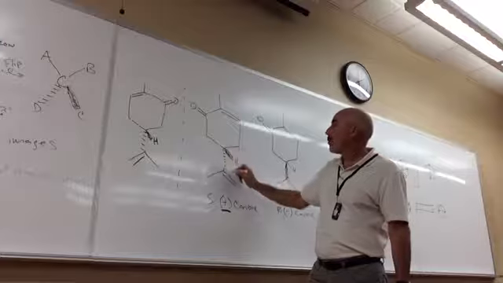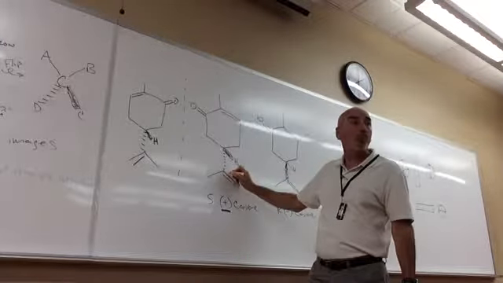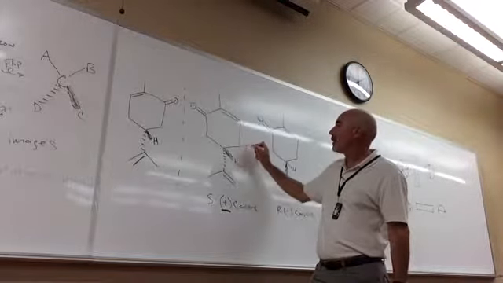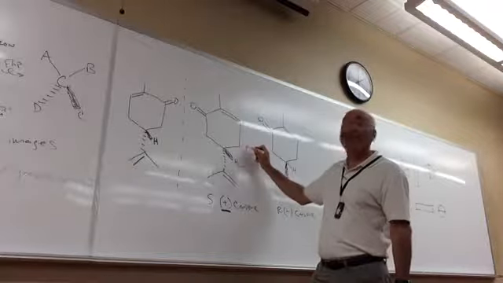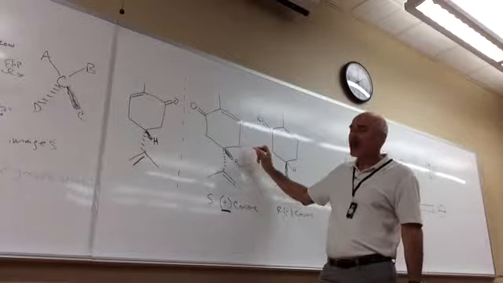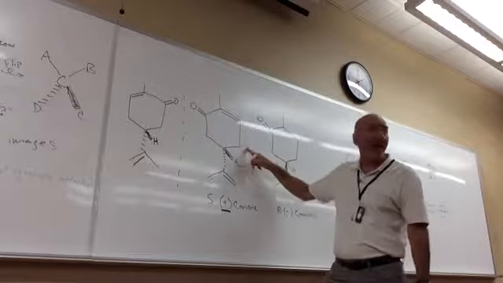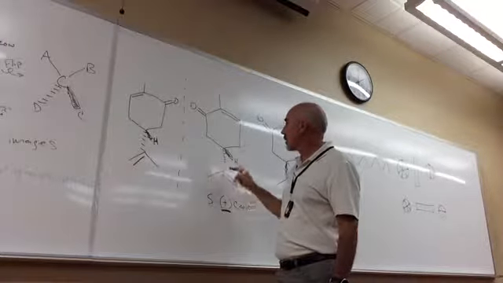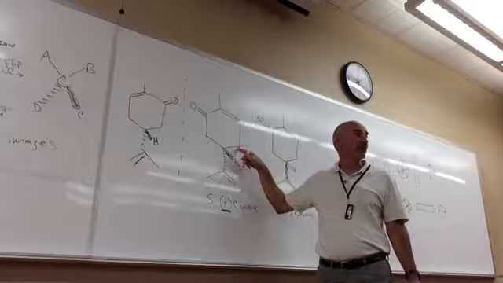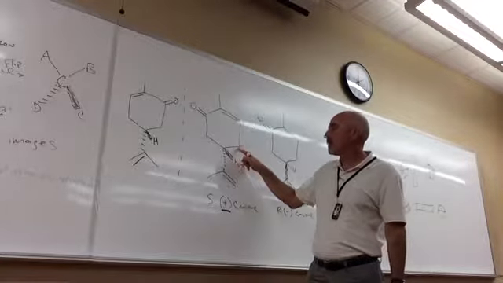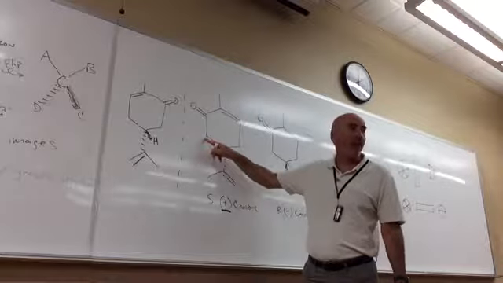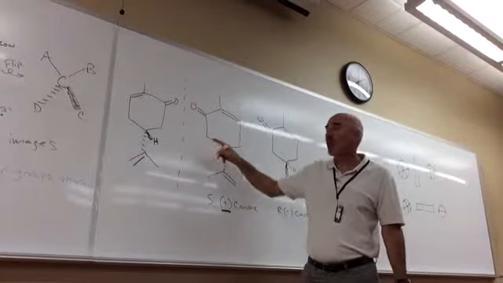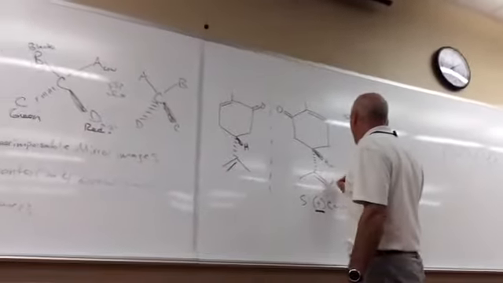If I come to this carbon and go out one more, I've got a hydrogen. So this carbon beats that hydrogen, so this group beats that group. This group's going to beat that group too, because it's got two hydrogens. So this is going to be my highest.